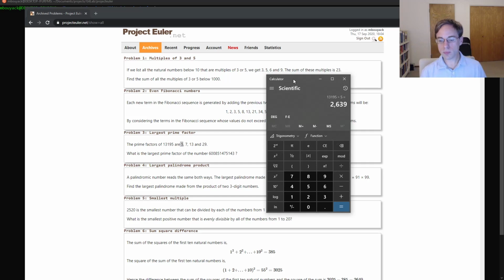2,639. And we don't know what the largest prime divisor is, but even without knowing what it is, we know that it must divide both our original number, 13,195, and this new number, 2,639. And so this is a very common theme in the design of algorithms, where you try to transform your problem into a simpler problem that has the same answer.